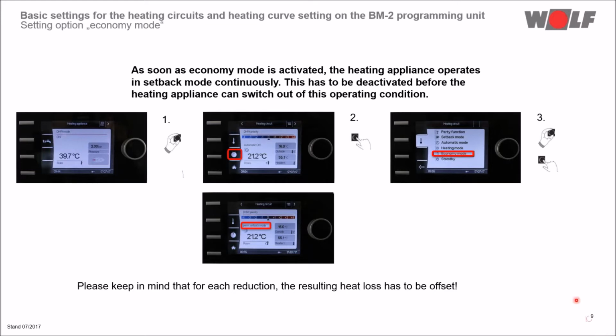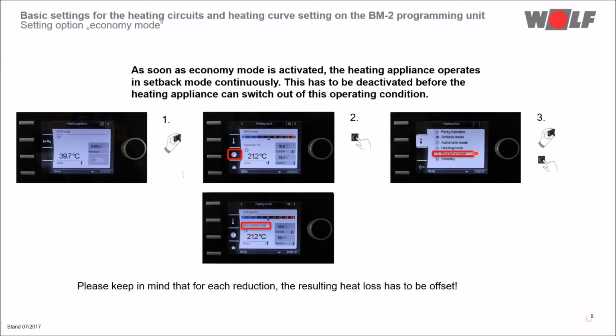Economy mode is activated by turning the rotary selector until the heating circuit is reached. On the left, the rotary selector icon appears and is selected with the relevant Quick Start key. You can now select economy mode by means of the rotary selector and confirm by pressing it.